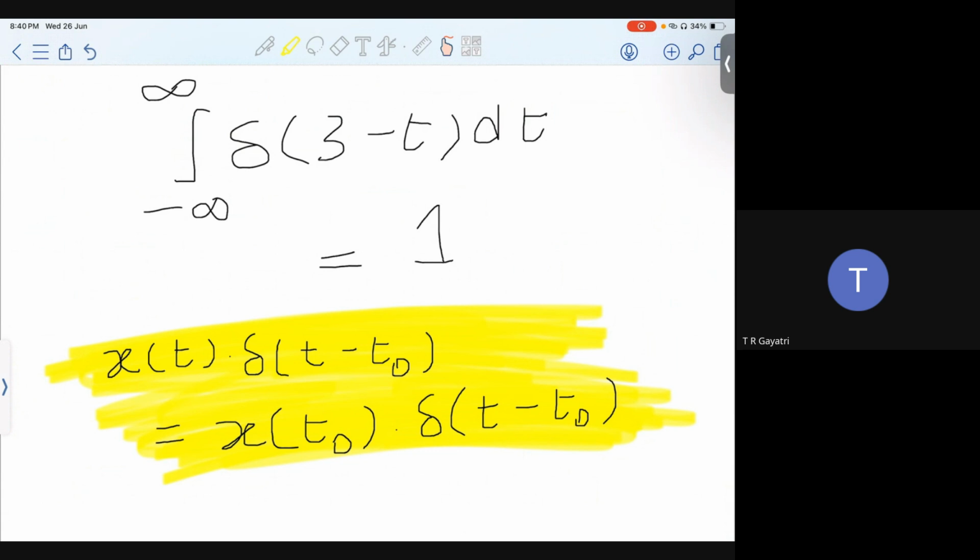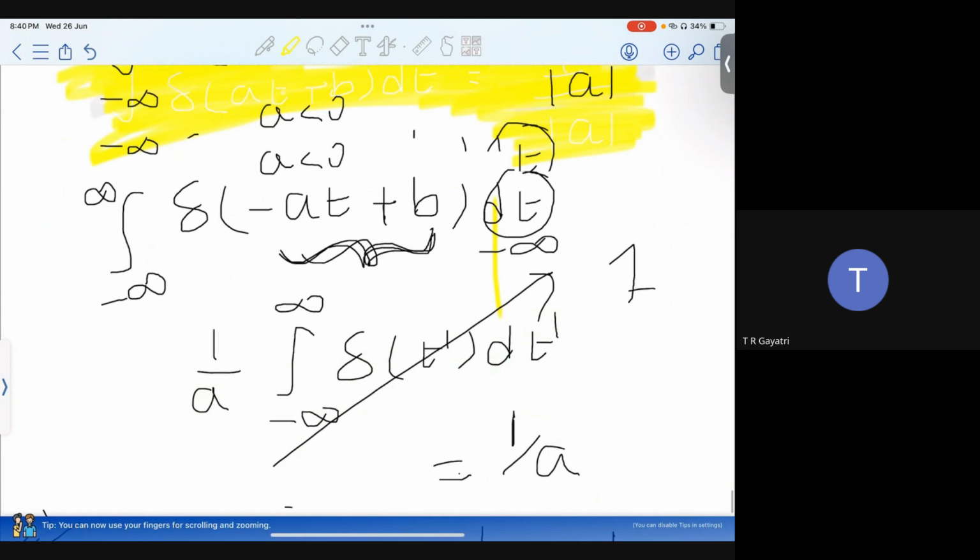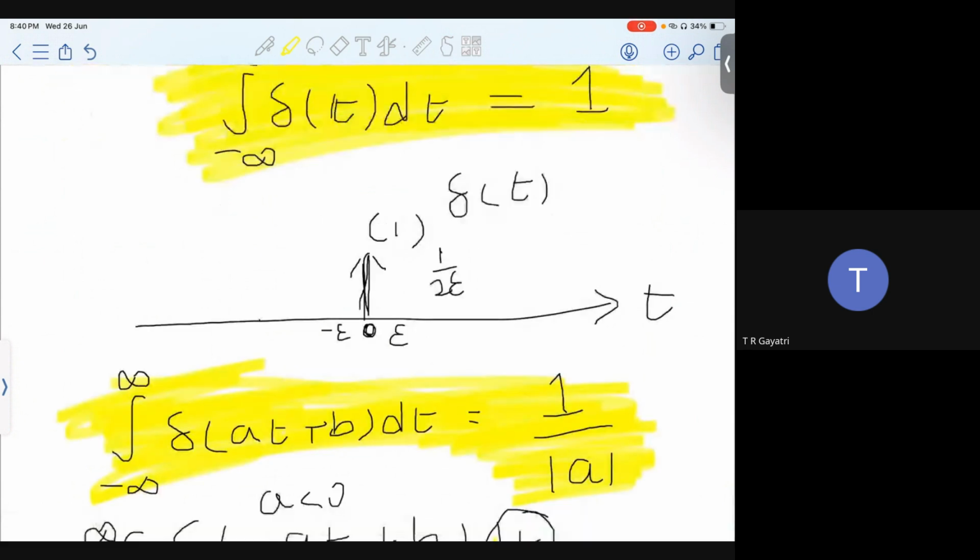Don't get confused. X of t multiplied by delta of t minus t naught is the signal value at this particular t naught times this function. Because intuitively, the delta function takes its value around a particular point, either at 0, or if it is a delayed version, symmetrically around t naught, right?